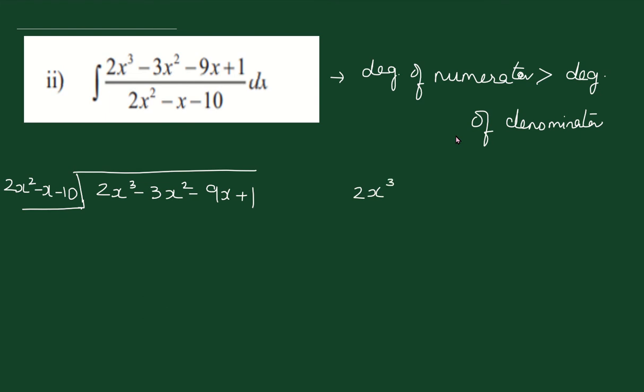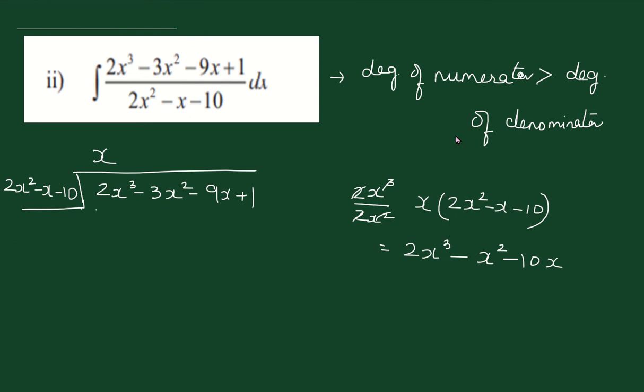We take the first term from the dividend, actually 2x cube, upon the first term of the divisor, that is 2x square. Upon cancelling, we are going to get x in this case in the numerator. So, we get x as the quotient, first quotient. Then we do x into divisor, x into 2x square minus x minus 10, which gives us 2x cube minus x square minus 10x.